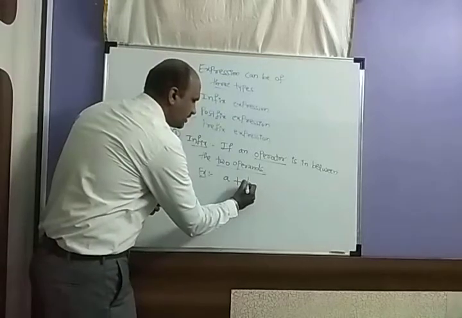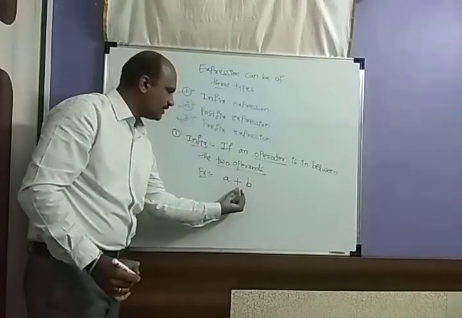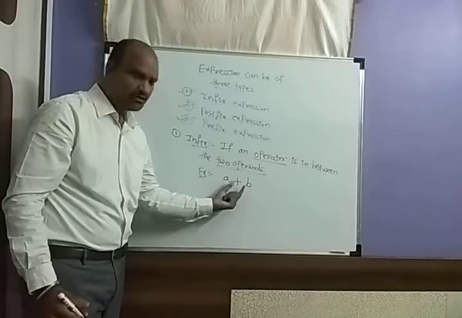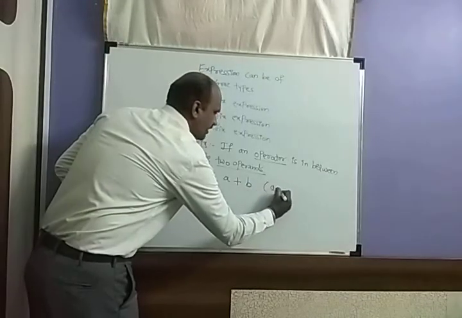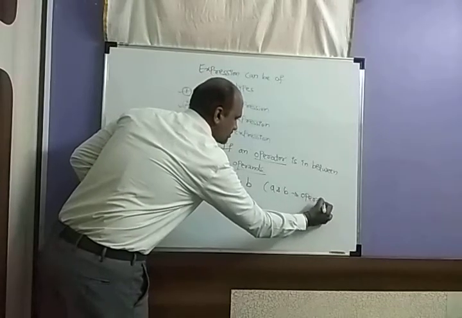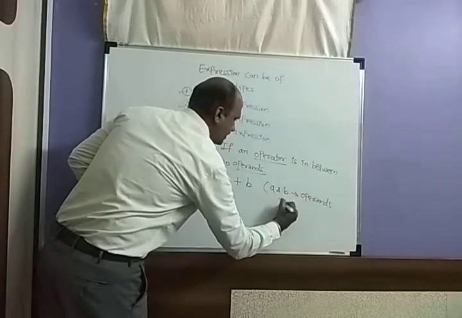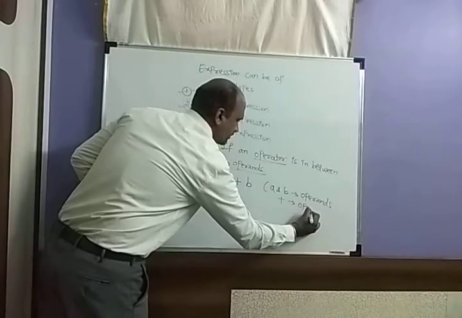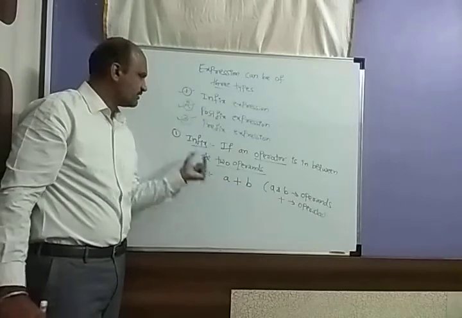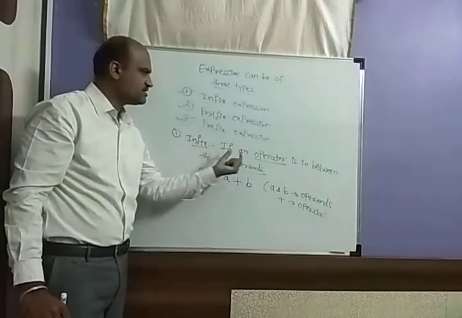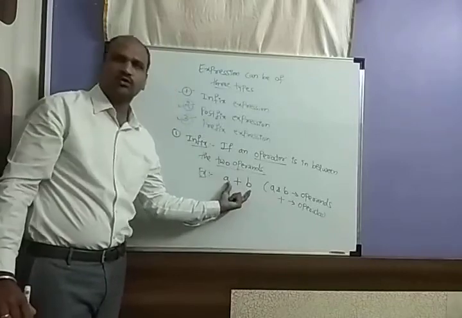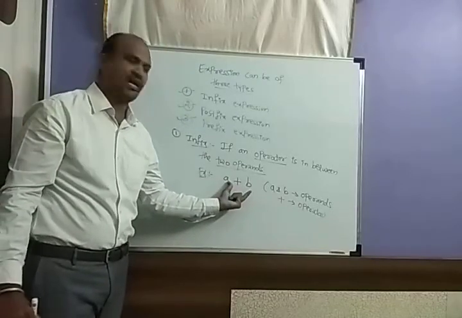Here a and b are the operands, and plus is the operator in between. An expression like this is called an infix expression: any operator in between the two operands.